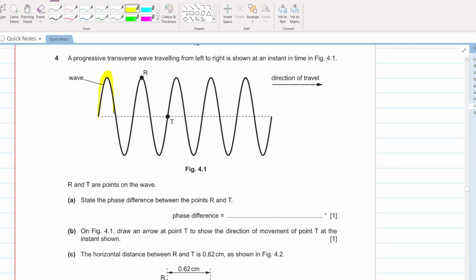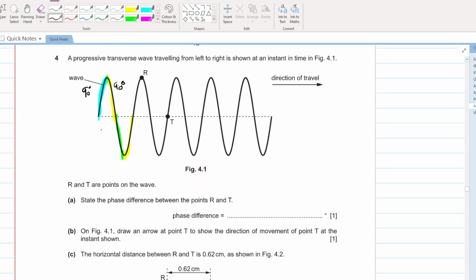One complete wave represents a phase difference of what? 360 degree. Perfect. So beta, if I break this wave into four quarters, let's say this, this, and this again, each quarter will have a phase difference of 90 degree.